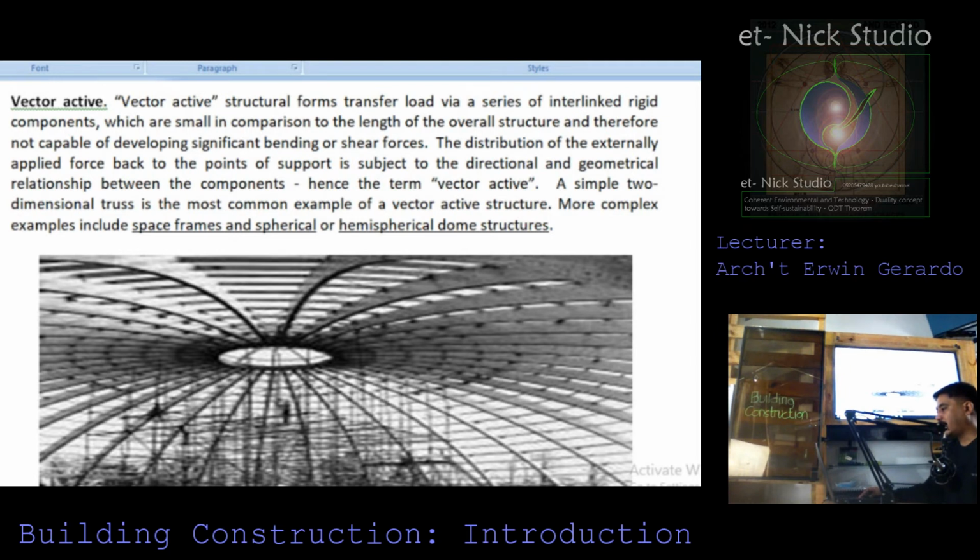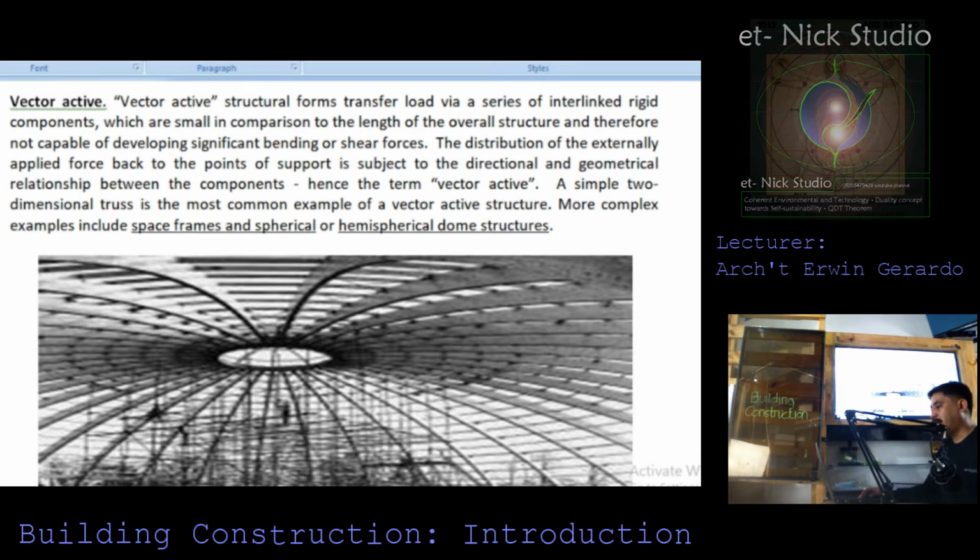Vector active structural forms transfer loads via a series of interlinked rigid components which are small in comparison to the length of the overall structure and therefore not capable of developing significant bending or shear forces.